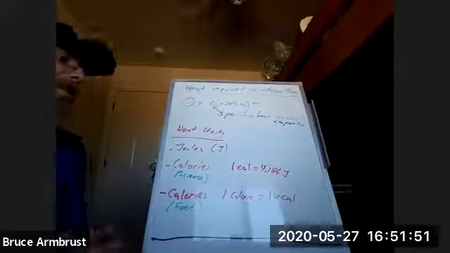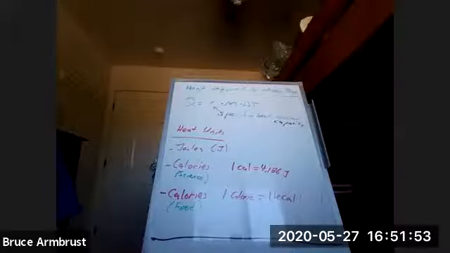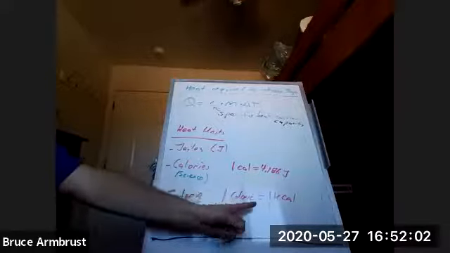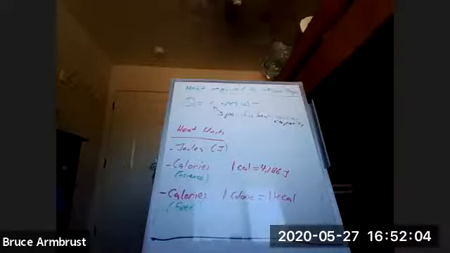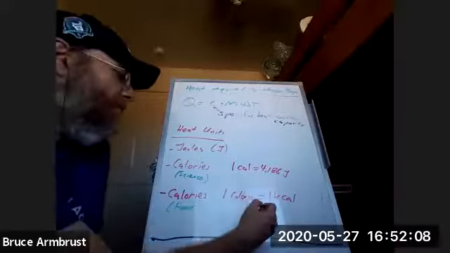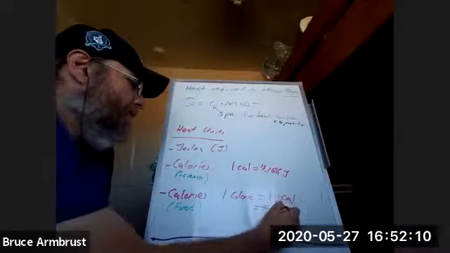So when you read on a box and it says there are 50 calories in this serving, it's actually 50,000 actual calories. So of course this means it's actually 4,186 joules.